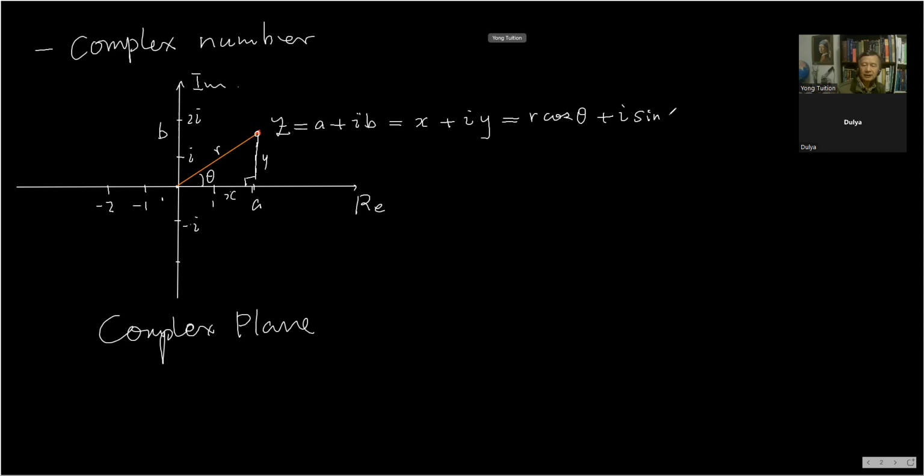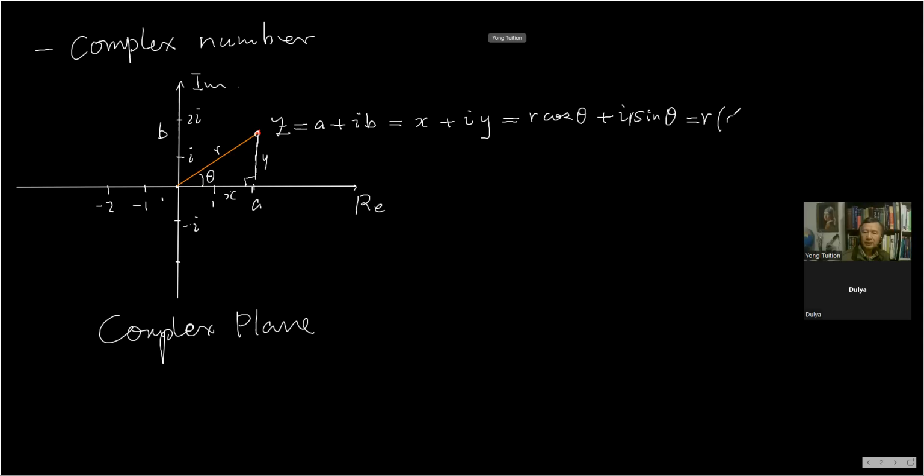So it's called a polar coordinate. When you use theta and r, this coordinate is not Cartesian, it's called polar coordinate. So if we factorize r outside, we can get this notation for the complex number: r times cosine theta plus I sine theta, okay?